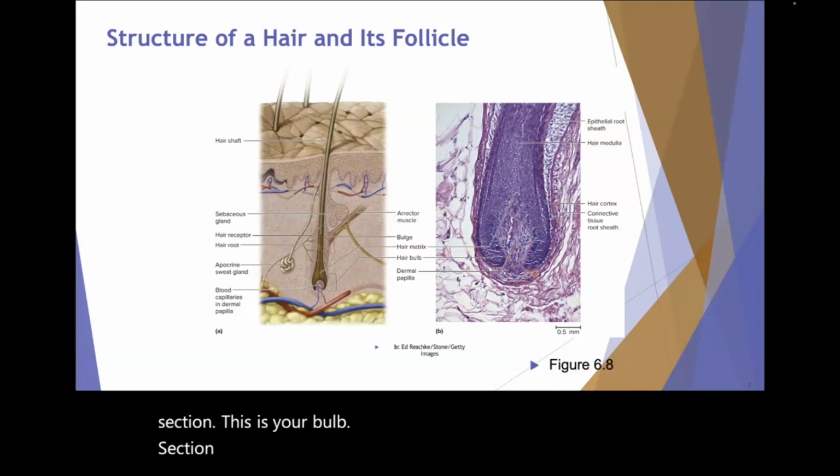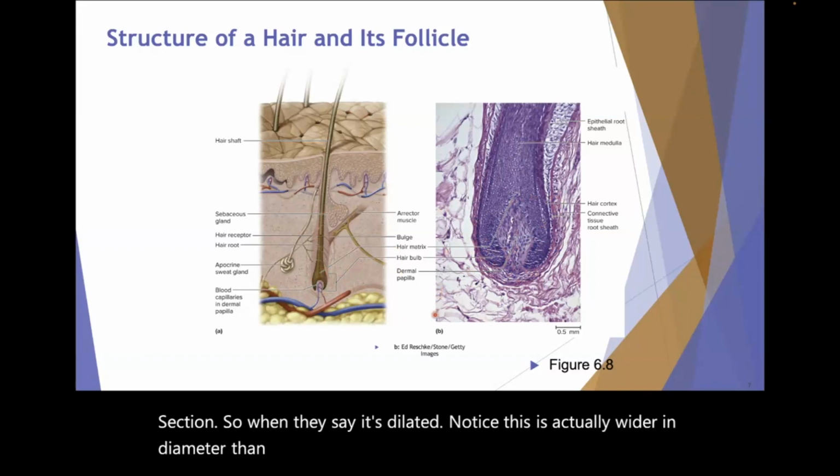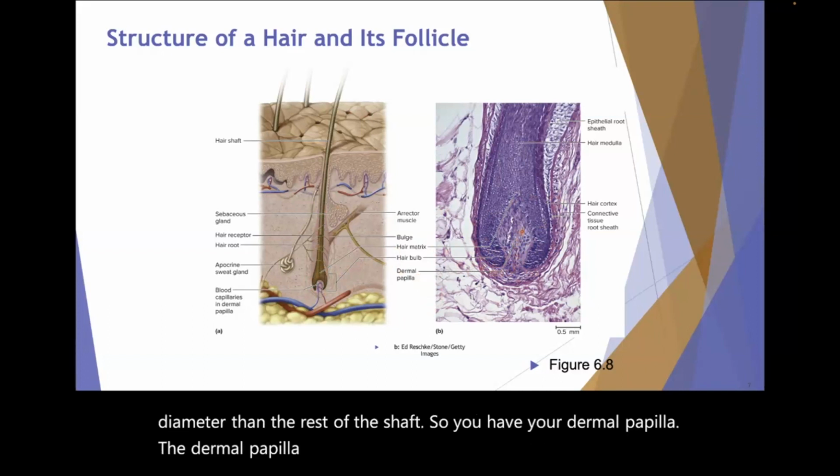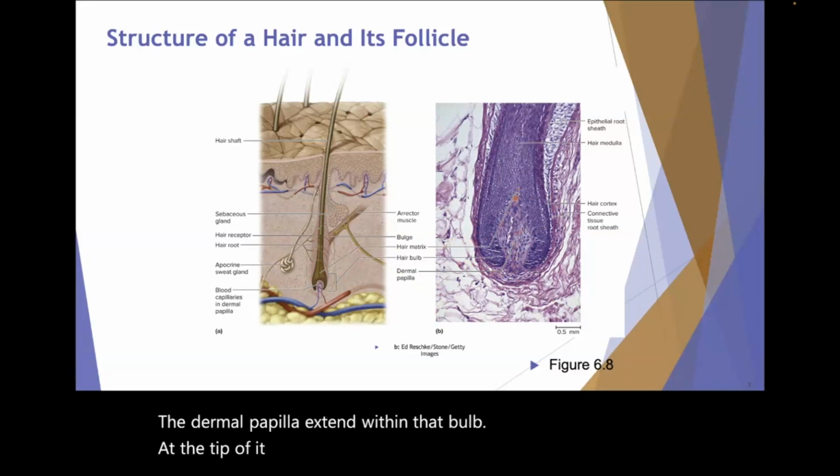So when we say it's dilated, notice this is actually wider in diameter than the rest of the shaft. So you have your dermal papilla. The dermal papilla extends within that bulb. At the tip of it, you're going to find the matrix, okay?